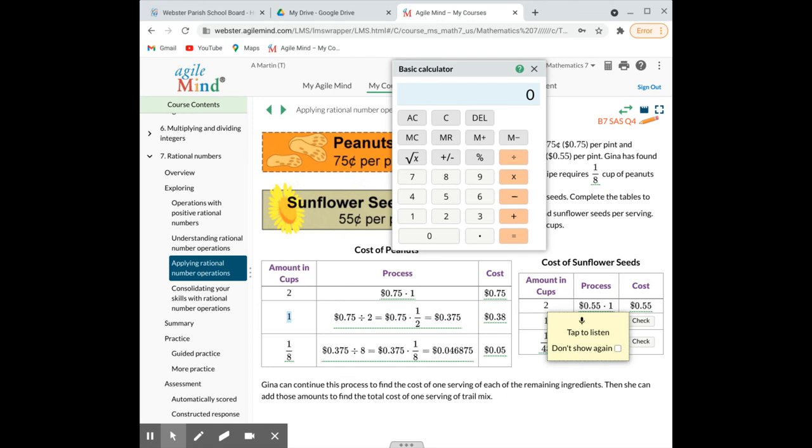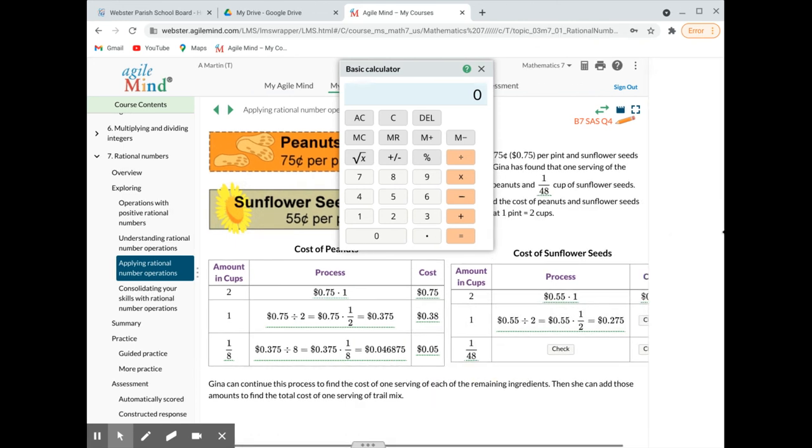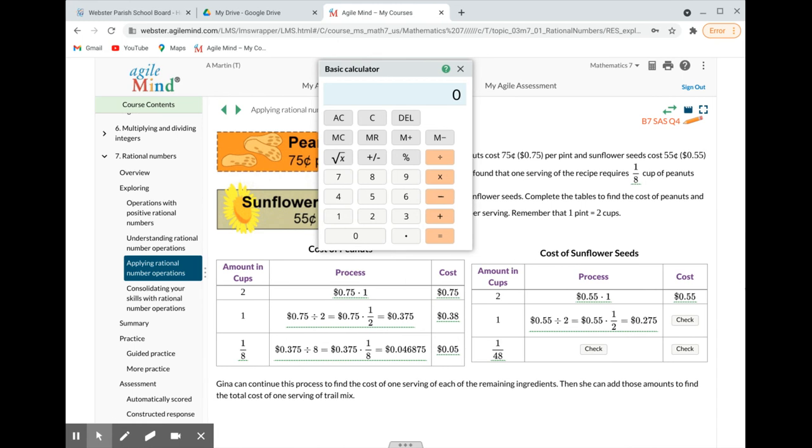All right, Haley, I want you to walk us through the cost of the sunflower seeds. What could we do? We could do, for the first one, 0.55 divided by 2. Good. And then that'll equal 0.275. Okay. That's going to equal 28 cents. Good job. So we got 0.275, and she said it rounds to 28 cents. That's perfect. Now what would we do to make it 1/48?